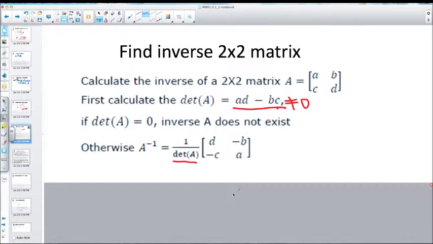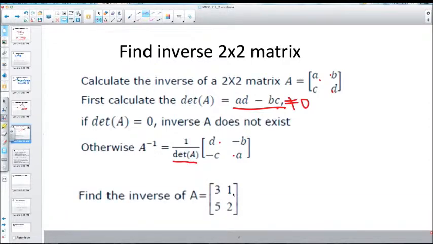Now you figured out why it cannot be 0, because it's in the denominator. In math, 0 cannot be in the denominator. To find the inverse, all you need is to swap the D and the A positions and switch the sign of the B and the C, negative B and negative C. That's it. Then you get the inverse.